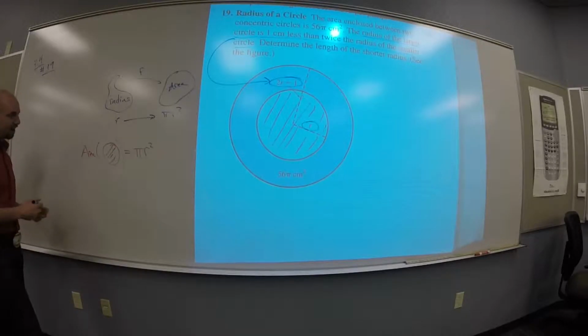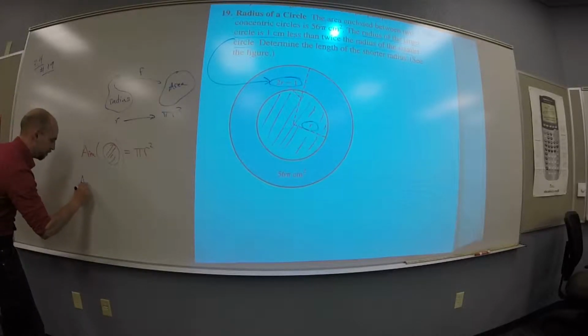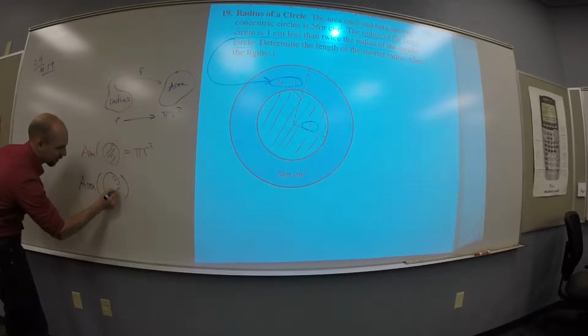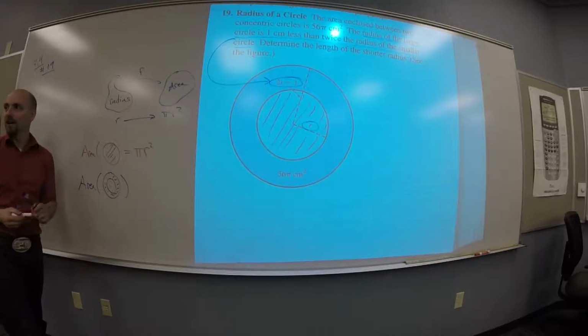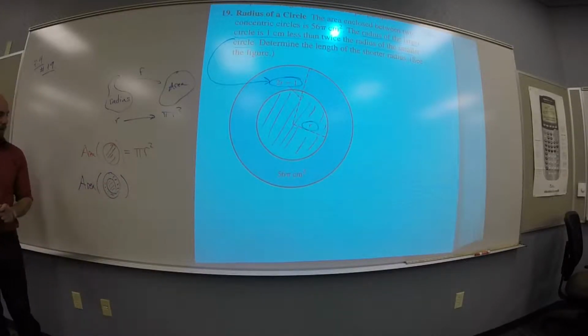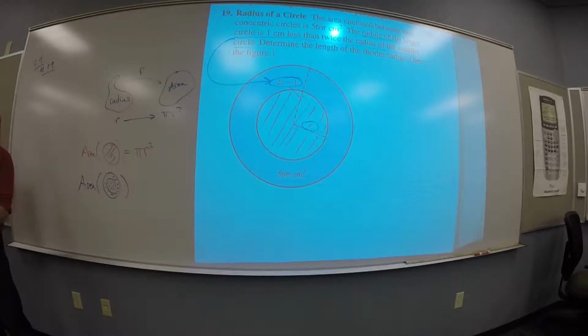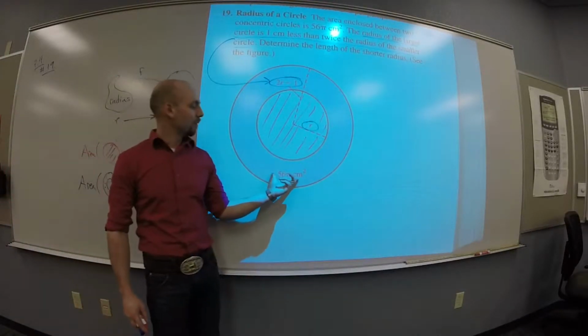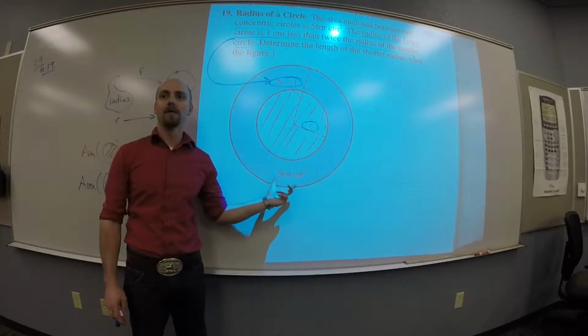What's the area of the bigger one? So the bigger one looks like this, right? It's blue around the outside and then red on the inside. What's the area of that whole funny shaped thing? The area of the blue bit is 56 pi, right?